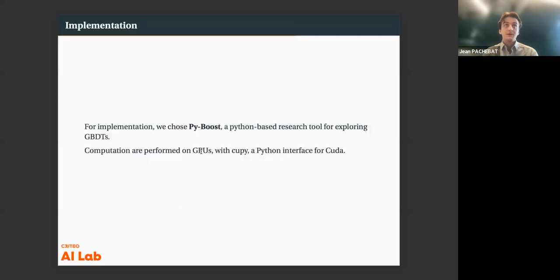It was actually quite a challenge to choose how we were going to implement this, as many of the implementations of gradient boosting decision trees are very heavy and pretty difficult to modify. We had the chance to find PyBoost and to work in collaboration with its developers. PyBoost uses GPU computation with CuPy, which is a Python interface for CUDA.